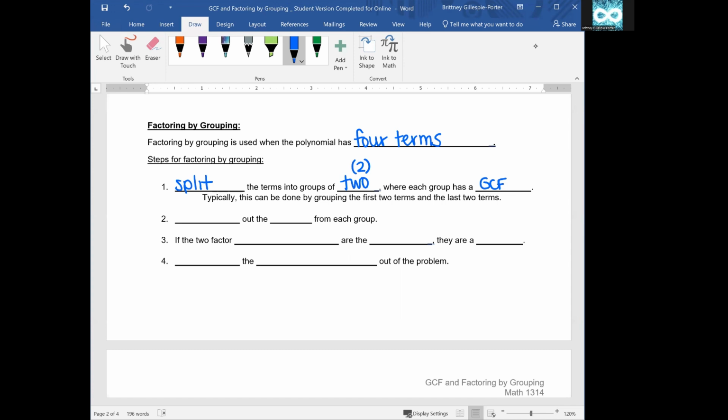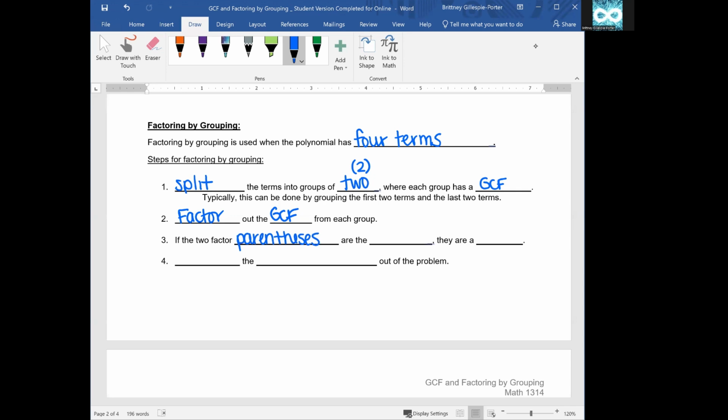After we've divided it into 2 groups, you're going to factor out the GCF from each group. Remember, after we take out our GCF, we open a parenthesis.